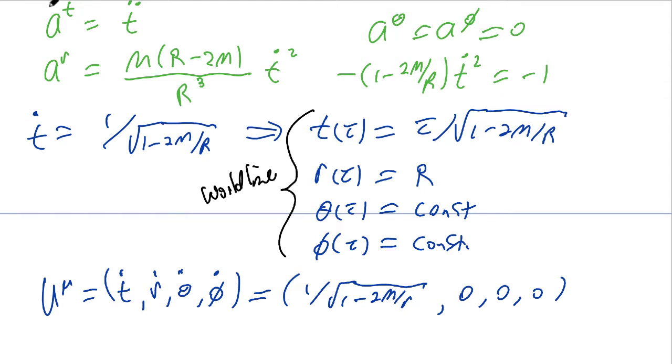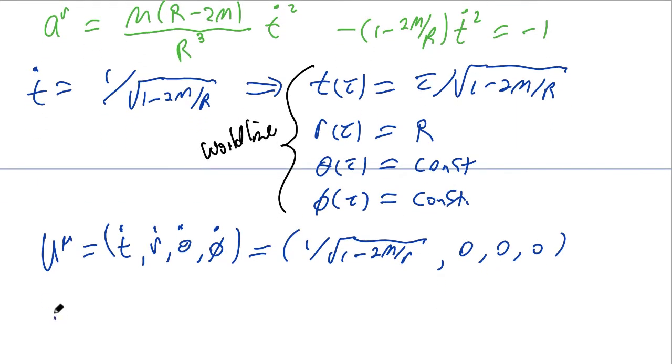And now the acceleration we find just from these equations here. The t component, a^t, is t double dot, but t double dot vanishes because t is linear in tau. And a^theta and a^phi also vanish. The only non-trivial component of acceleration is the radial component. So that's m (R minus 2m) over R cubed times t dot squared.